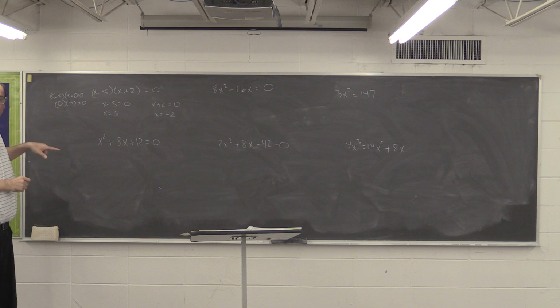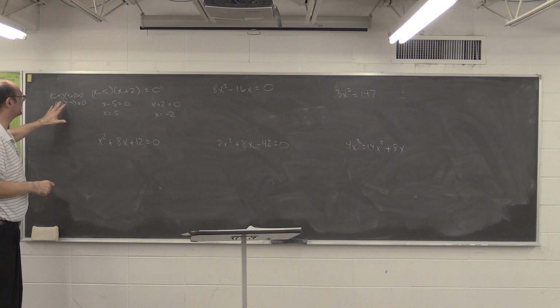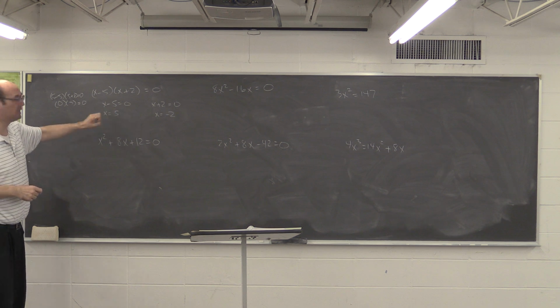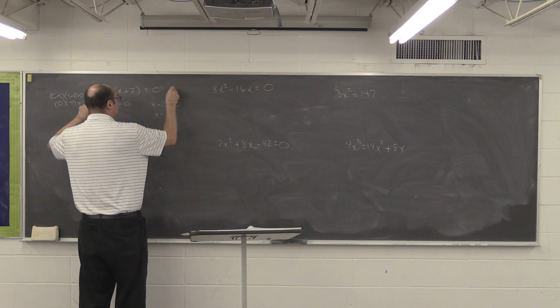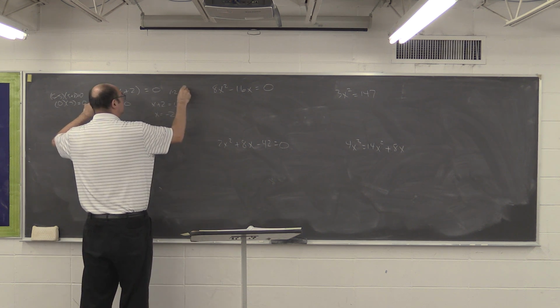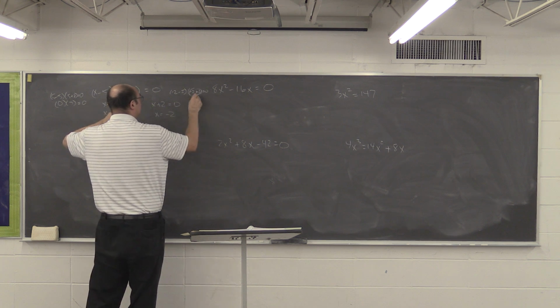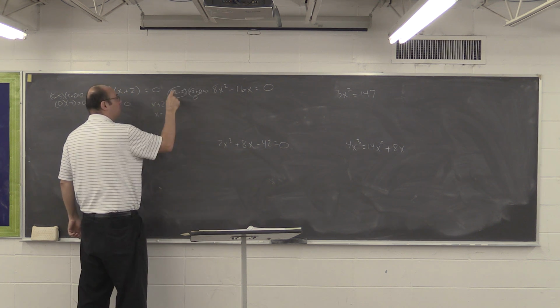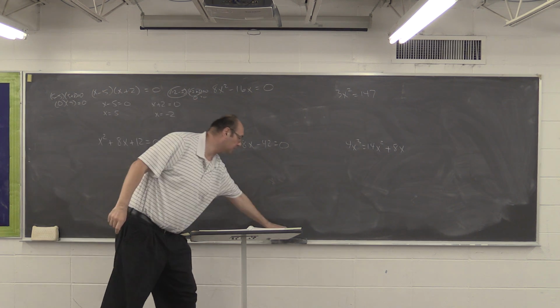It would be 0. Okay? The other answer, negative 2, works because negative 2 minus 5 times negative 2 plus 2 equals 0, since one factor is 0 no matter what the other is. Okay? So that helps you understand.